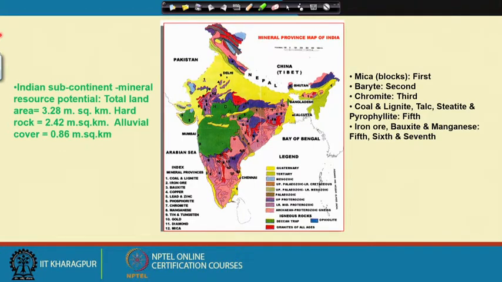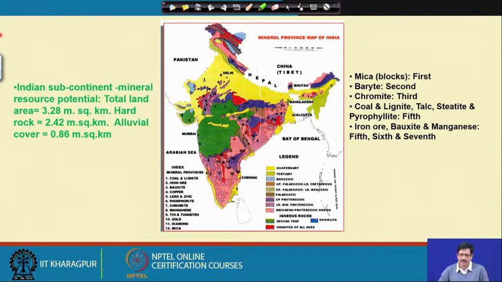As you could see here, this is a country scale geological map of India, and here we could see that peninsular India is for the most part covered by the Deccan Traps, shown in green here.